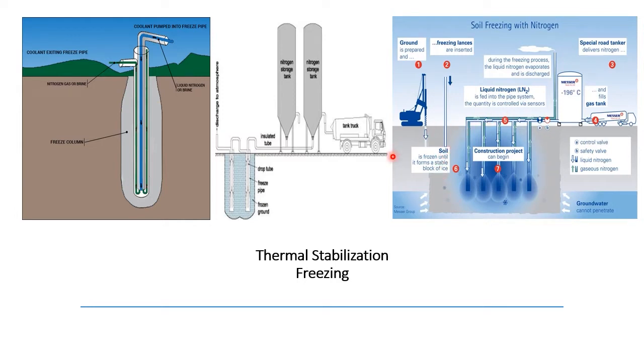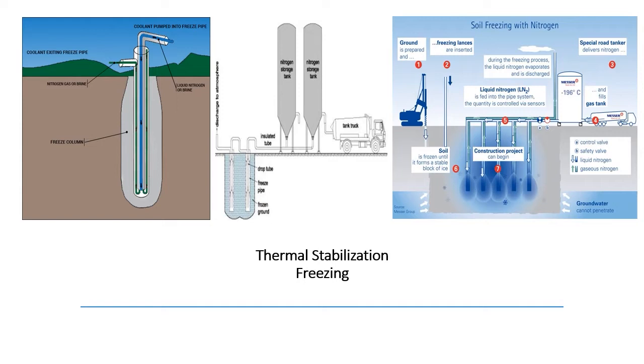The soil is frozen until it forms a stable block of ice. The treatment takes time to develop and the initial costs are high. Therefore, it is only suitable for large contracts of reasonable duration.